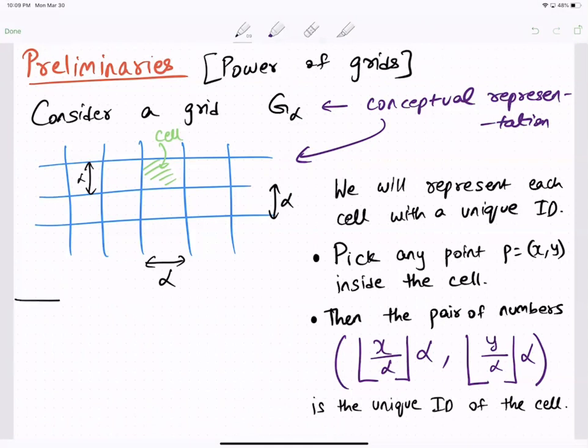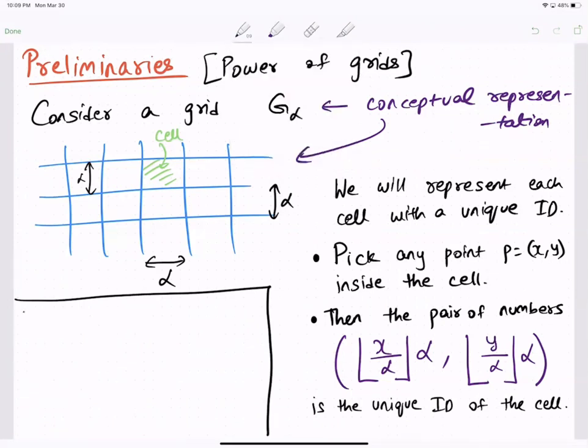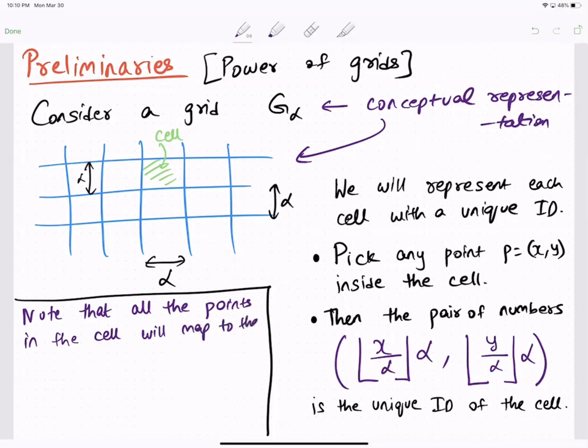Okay, so then one thing you can notice is all the points in this cell will map to the same ID. Well, let's take an example.